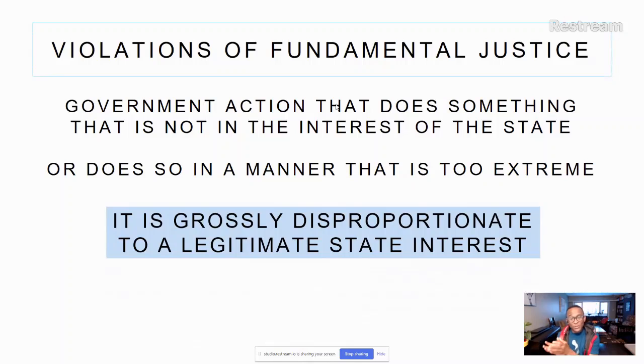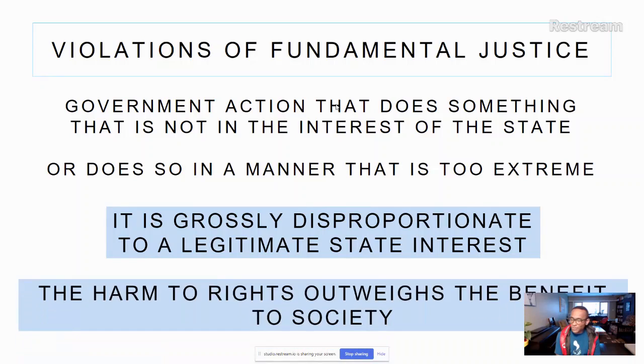Whatever they're doing is going to take away your right to life, liberty, or personal security. But they've done it in a way, for lack of a better term, that is whack, just totally crazy. It is so grossly disproportionate to anything that can be perceived as something that is in the public interest. Then that action or law has to fail for being a violation of fundamental justice.